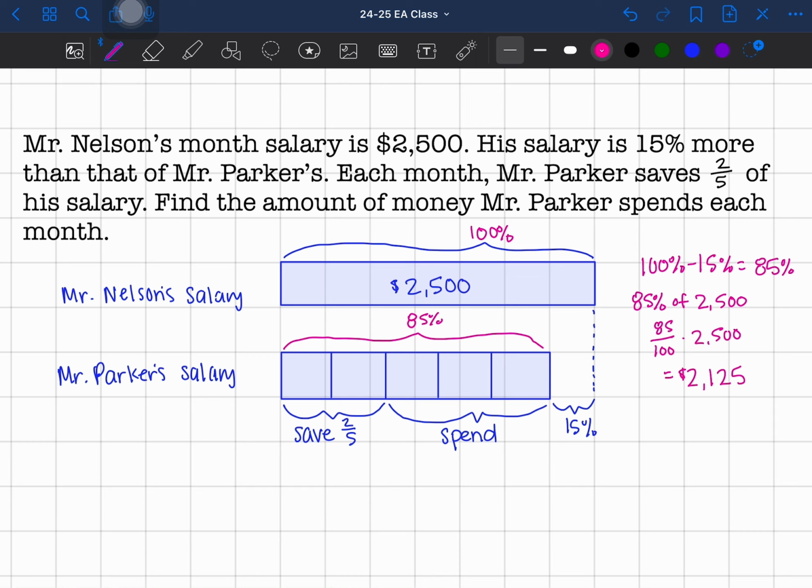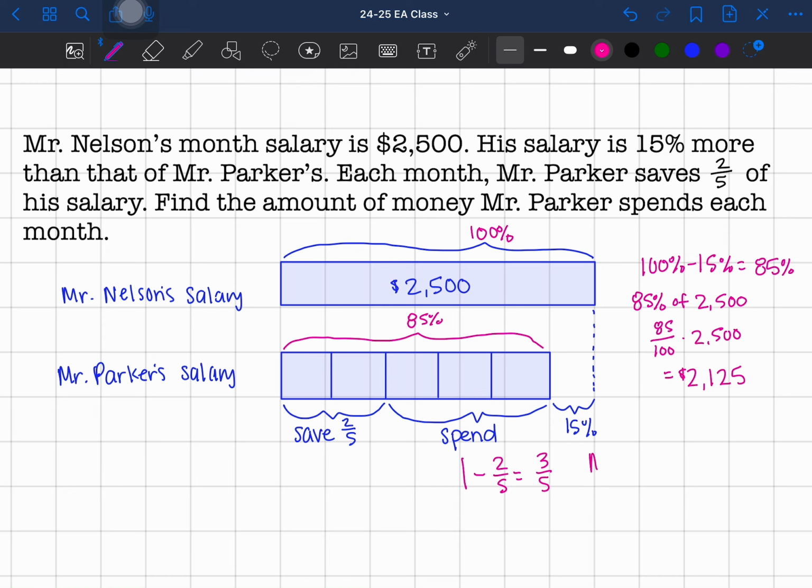So that means that Mr. Parker's salary is $2,125. And so we know that of his $2,125, he saves 2/5 of it, which means that he spends how much? If we take 1 minus 2/5, we're left with 3/5, and he spends 3/5.